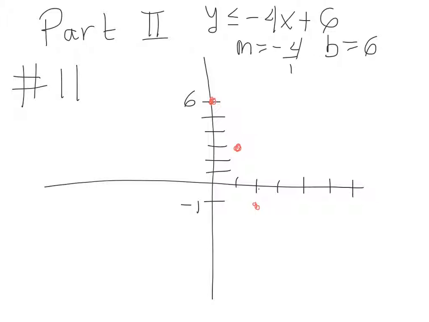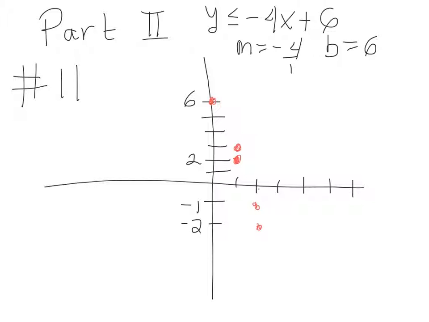That point should have been at 2. Then when I move 4 down, that should be at negative 2. I miscounted, guys. So it's 4 down from 2 to negative 2 is 4, and then 1 to the right.